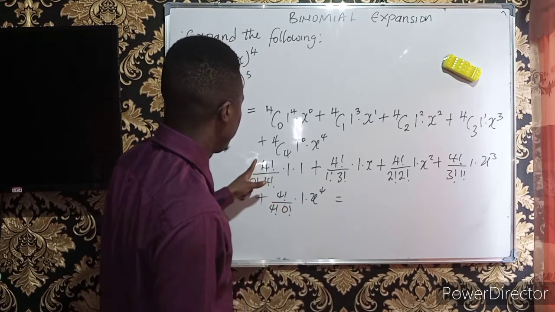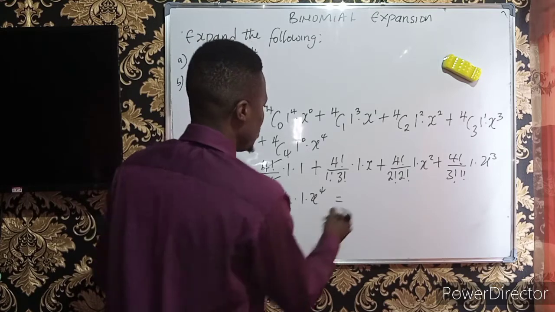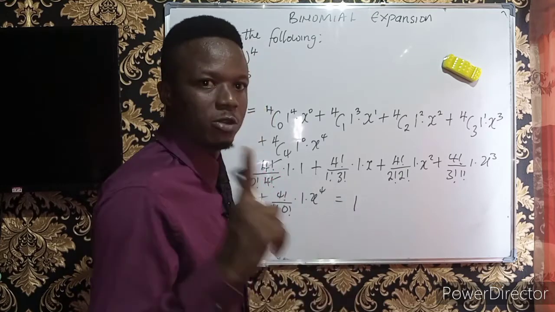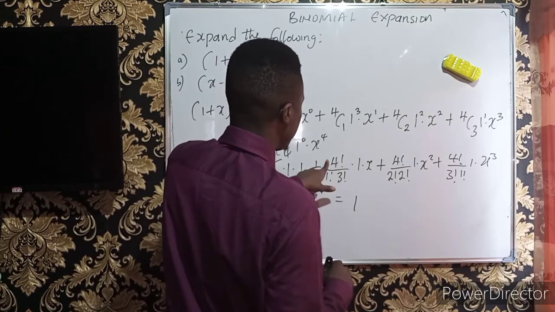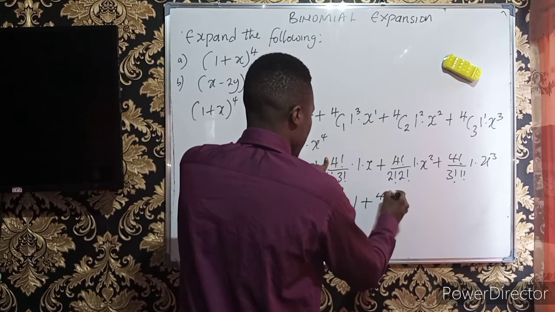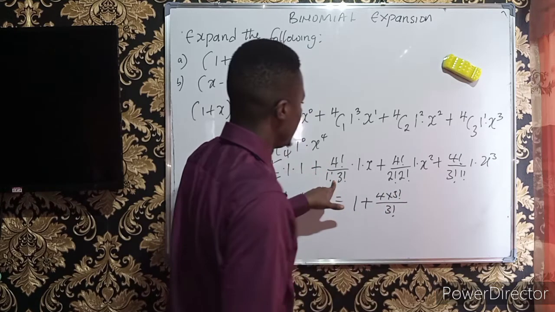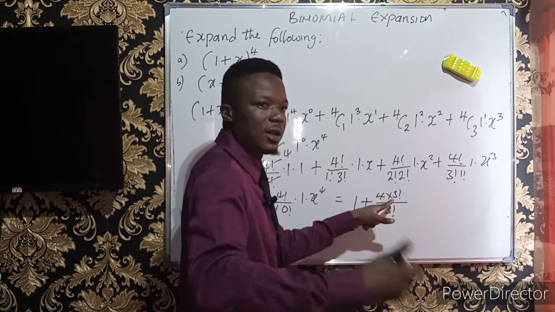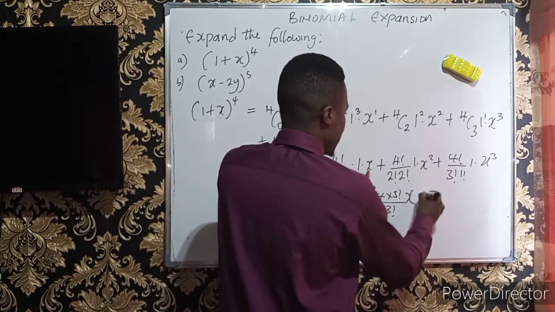Now we sum up. 4 factorial, we cancel 4 factorial. We are left with 1 times 1. This will give us 1. Note that 0 factorial is still 1. Now, 4 factorial over 3 factorial is the same thing as saying 4 times 3 factorial over 3 factorial, because 4 factorial is 4 times 3 times 2 times 1. Then multiply by our x.